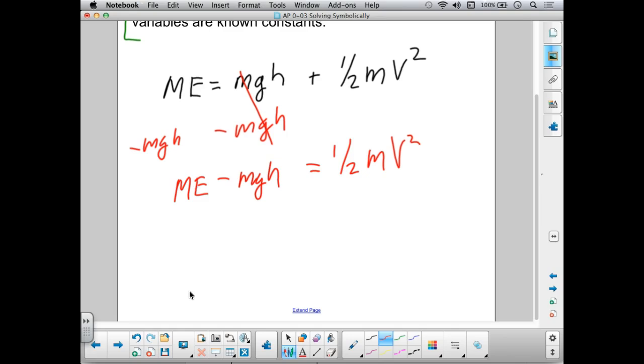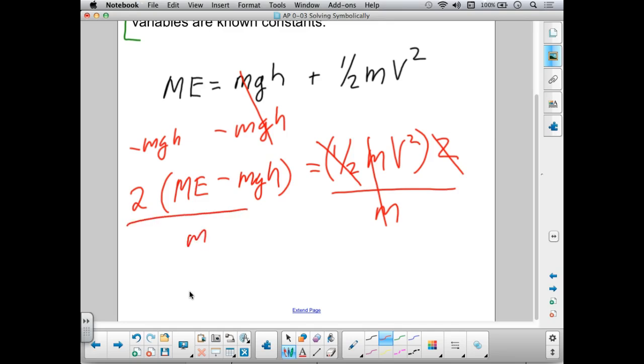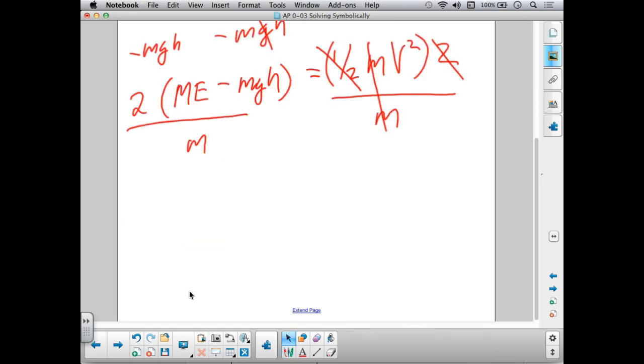Let's multiply both sides by 2 because I want to get rid of this 1/2. That's great, so that's going to let me cancel these. And I'm also going to want to divide both sides by mass to get rid of those. That's a little bit messy because of all my crossing out, so let's write it cleanly.